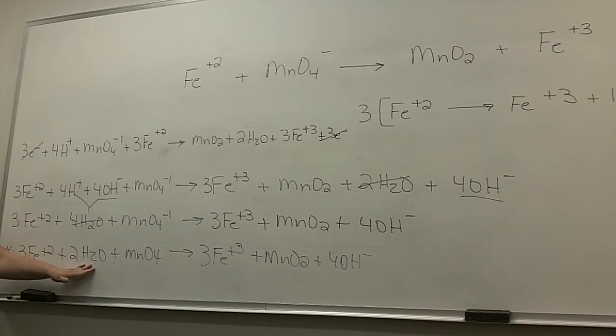I still had 2 waters left over here, and still have the 4 OH- over there. So that's balancing a half reaction in basic solution. We will do some more of these tomorrow.